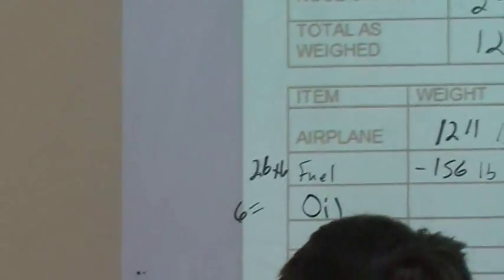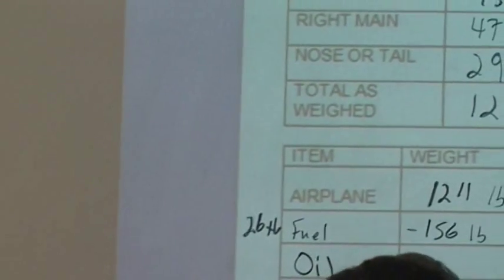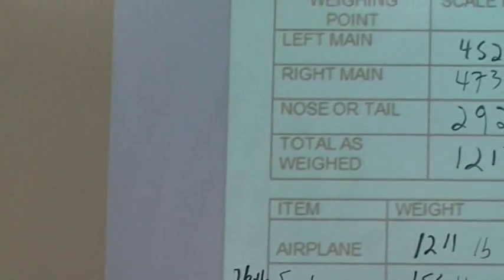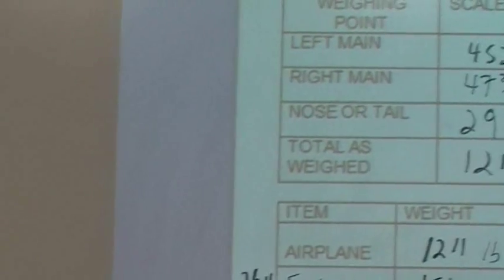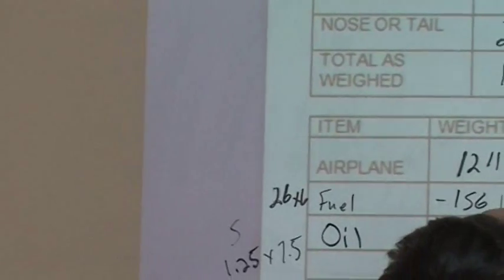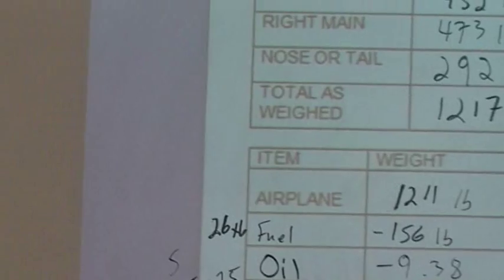We had 5 quarts in the tank, so we're removing 5 quarts, which is 1 gallon and a quarter, times 7.5 pounds per gallon, to give you a weight of minus 9.38 at an arm of minus 13.5.